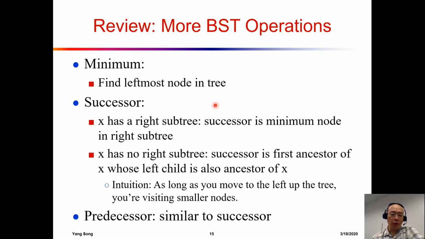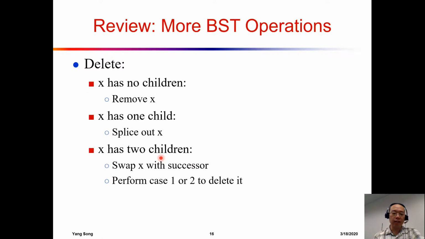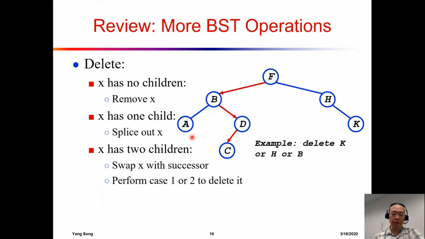If we go back, the successor algorithm is here: if X has a right subtree, then the successor is the minimum node of the right subtree. That is the definition of successor. So b's successor will be the minimum of the subtree d and c. If we visit the subtree of d and c, the minimum is c, right?